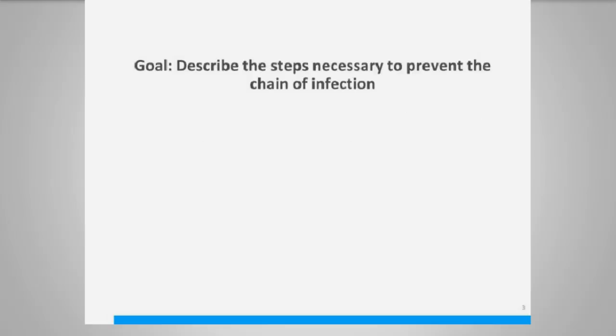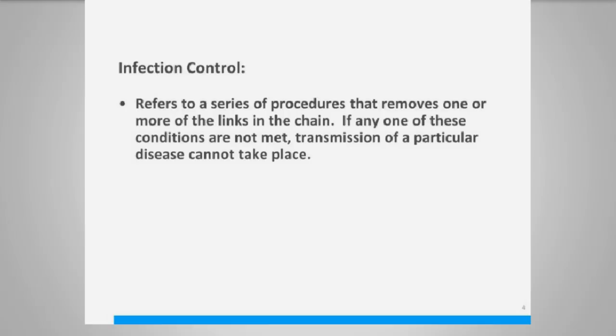Our first goal is to describe the steps necessary to prevent the chain of infection. But what is the chain of infection and how does this work together? Although your work may increase your risk of getting some diseases, a number of procedures used routinely in the dental setting help keep that risk to a minimum.